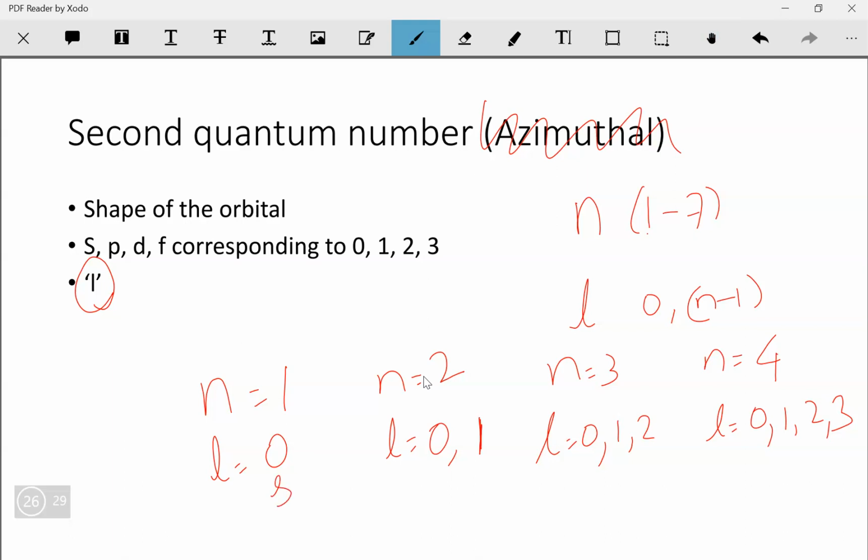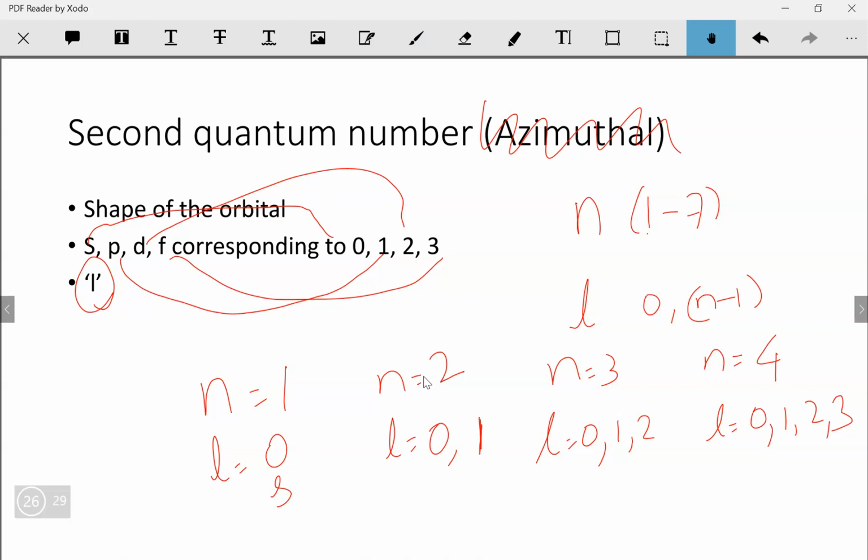So we have to remember s corresponds to 0, p corresponds to 1, d corresponds to 2, and f corresponds to 3. These are just the letters that we assign to a second quantum number of a certain value. So if the second quantum number is 0, that means it's an s. 0 is s, 1 means p: s, p, d, f. Right?